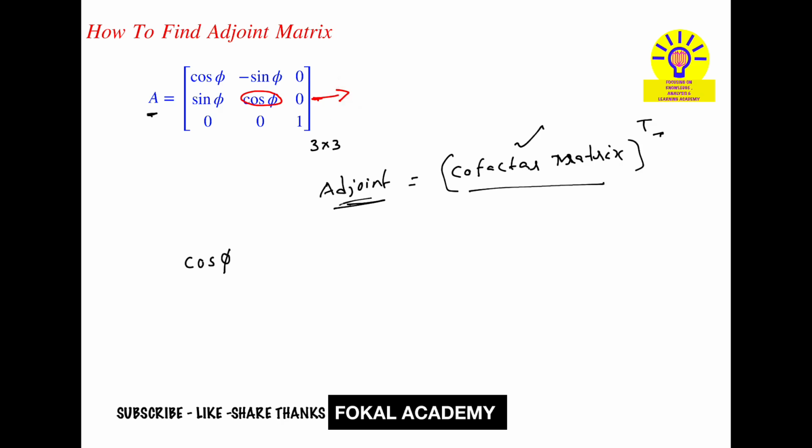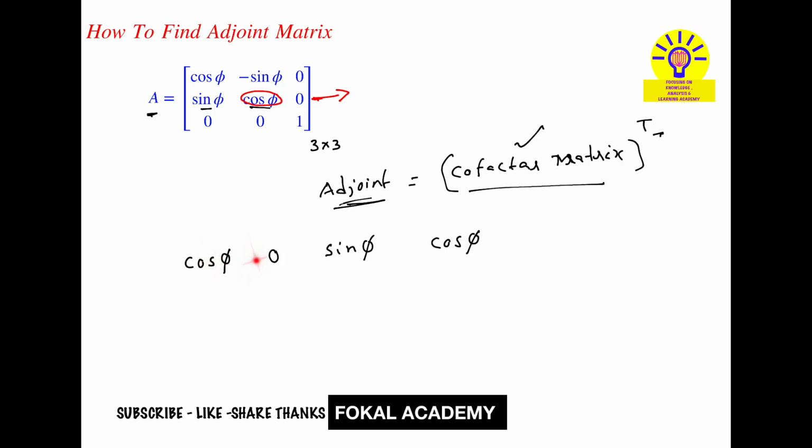Next, in the second row, the next element, that is 0. Next sin pi. Now again end with the same element, cos pi. So observe carefully here: cos pi, next 0, again sin pi, next cos pi.